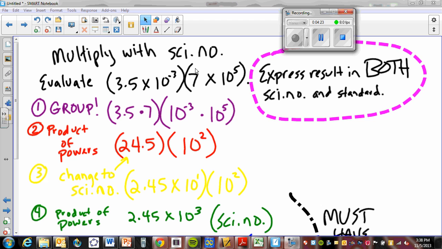Take our two numbers in between 1 and 10, multiply them together, 3.5 times 7. And then we have 10 to the negative third times 10 to the fifth. Product of powers on this one, negative 3 plus 5 gives us 2. And then this is just calculator work, gives us 24.5.